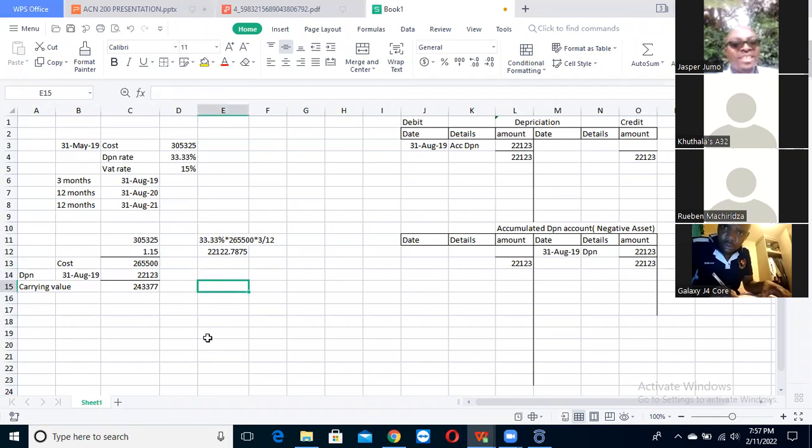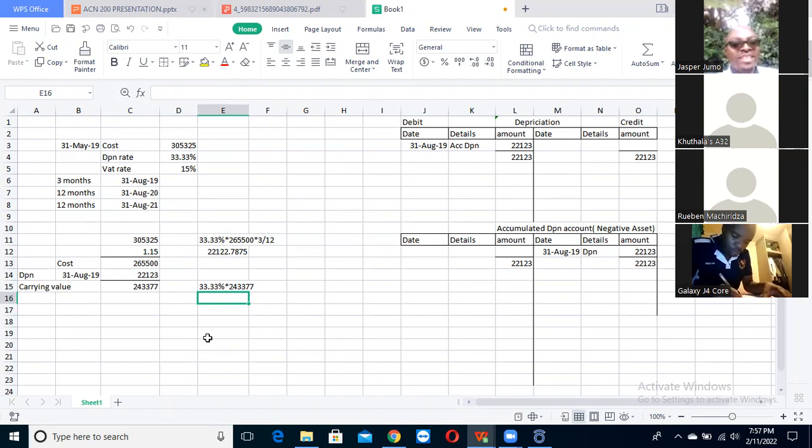We want to go and apply the rate of 33.33% to what? To the carrying value, which is now 243,377 rand. That becomes our new carrying value as we start the year 2020.